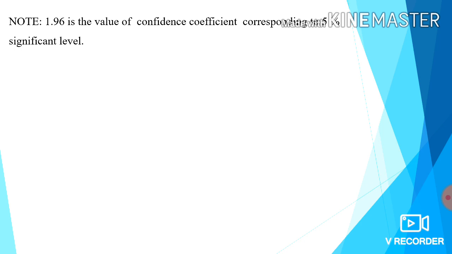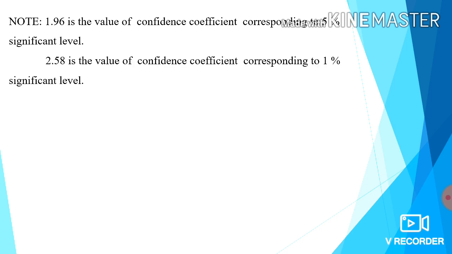For 5%, 1.96 is the value of the confidence coefficient, and for the 1% significance level, 2.58 is the value of the confidence coefficient. So these two values we have to remember. When we calculate Z in a Z test, if we get more than 1.96, we have to reject at the 5% significance level.